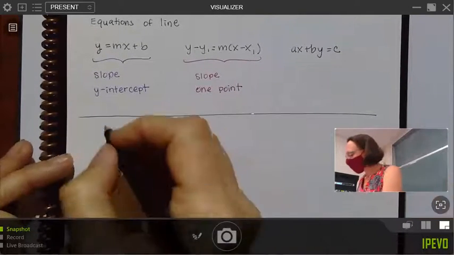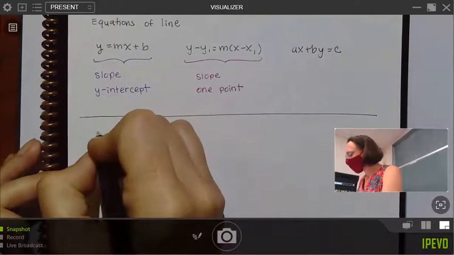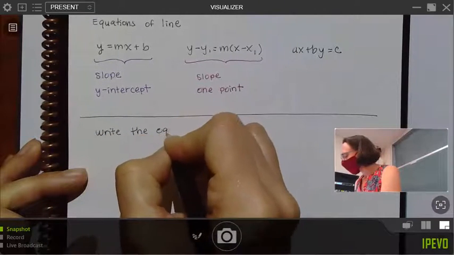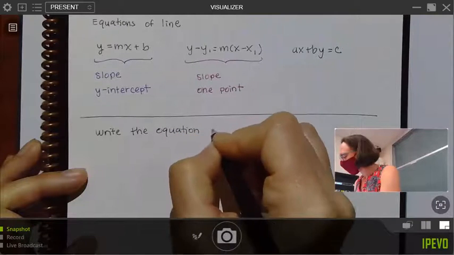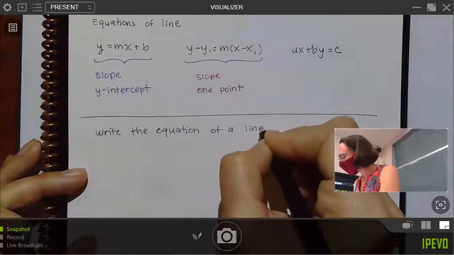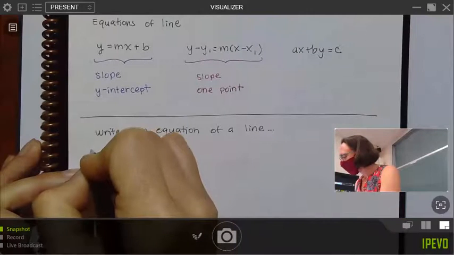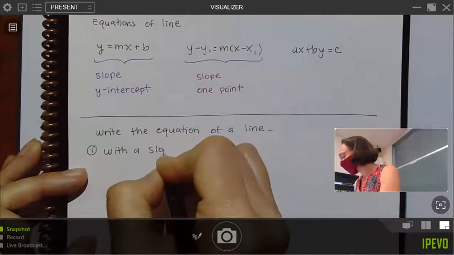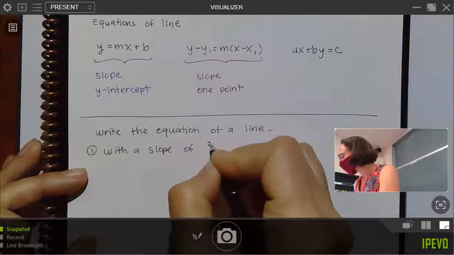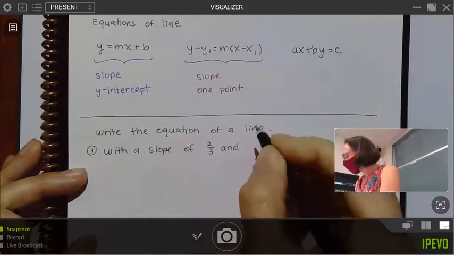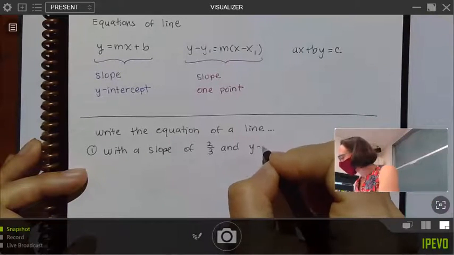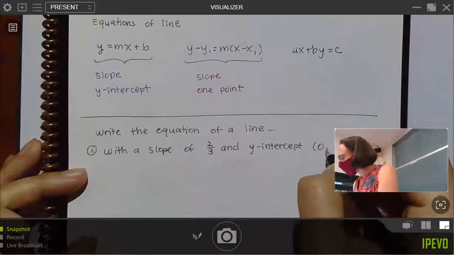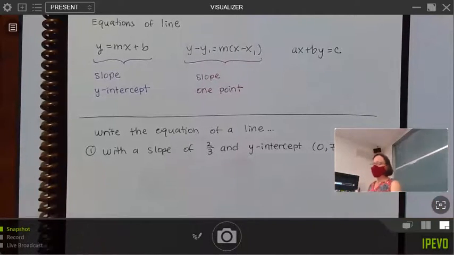So let's say that I told you that we're going to write the equation of a line with a slope of 2/3 and y-intercept (0, 7).